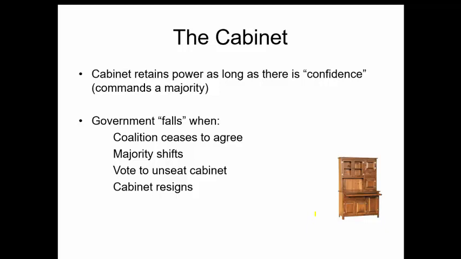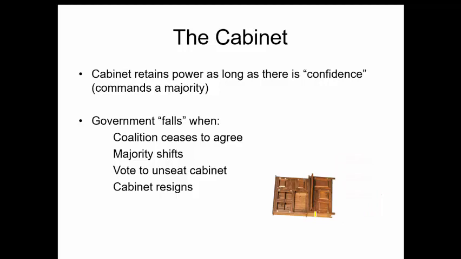Now, the cabinet retains its power as long as there is confidence in that government, which means it commands a majority. And there are a few reasons why the government could fall. You may have heard that term, where the government has fallen. So this is where there's a crease in the coalition, it ceases to agree, and the coalition splits. So therefore, nobody has majority control of the government, and the government could fall and result in new elections or a new coalition forming.